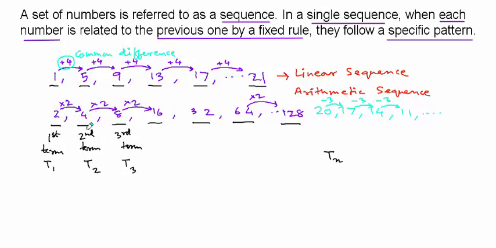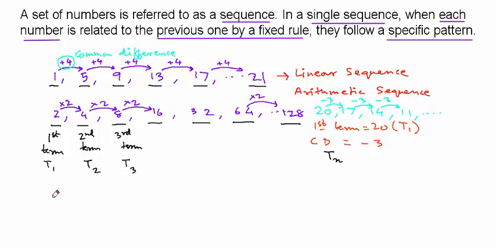There's no common difference. So for this arithmetic or linear sequence, we would say the first term is 20. It's denoted with the letter T1, T with the subscript 1, and then the common difference, CD for common difference, is negative 3.